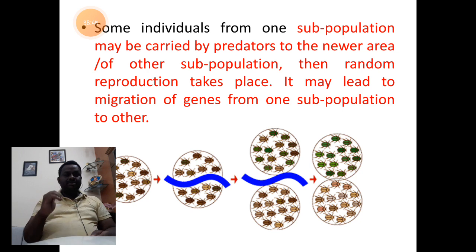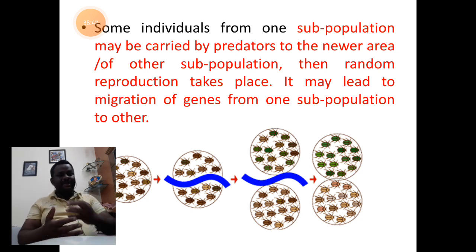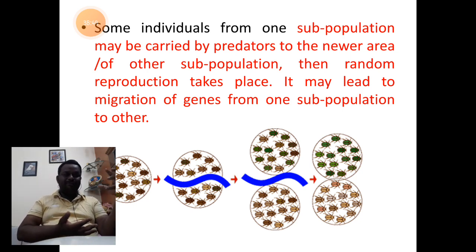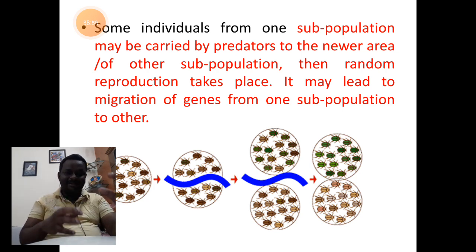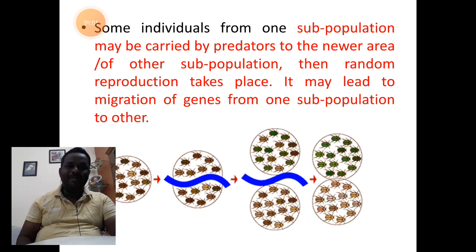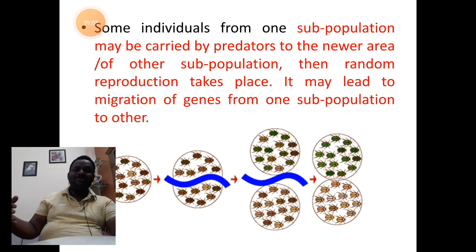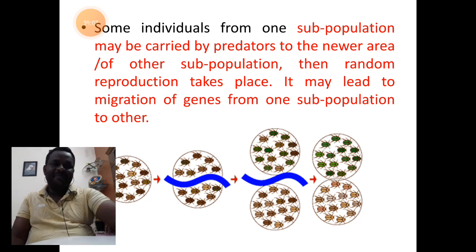It was due to the predators which carried these red beetles to a newer environment, a newer area. There the random mating has led to the formation of newer species. So green colored beetles are formed from the red beetles mainly due to the speciation process by geographical barrier here.